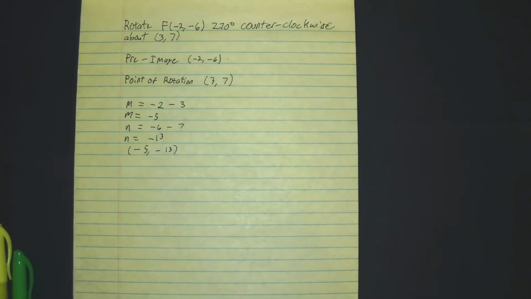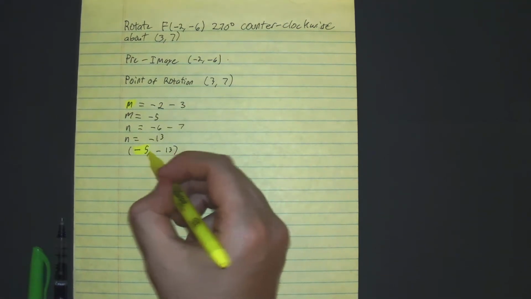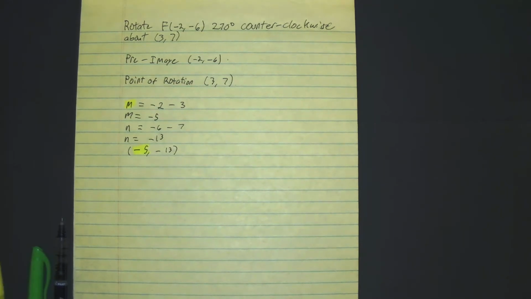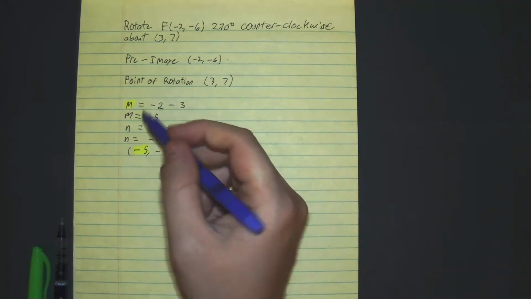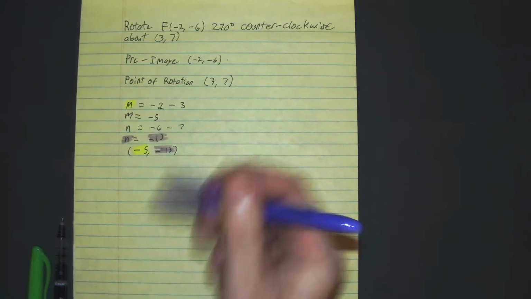All right. Now let's look at the rules. So here M is my -5, and my N, it doesn't matter which one you highlight, I guess, is my -13.